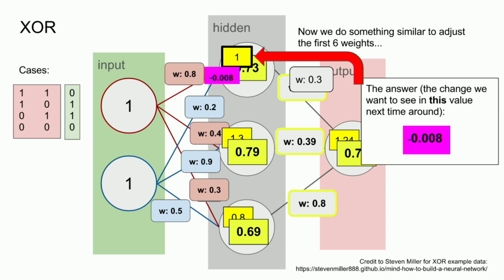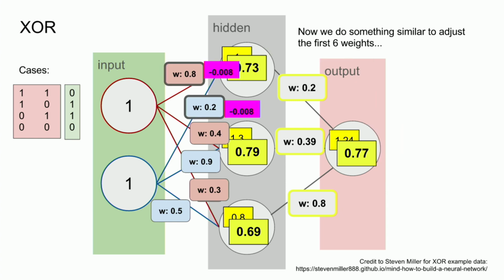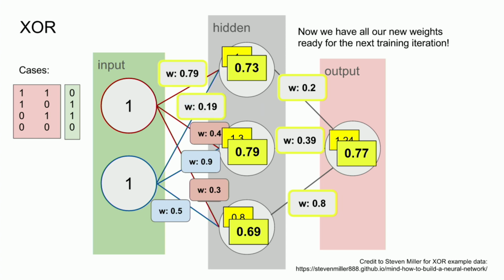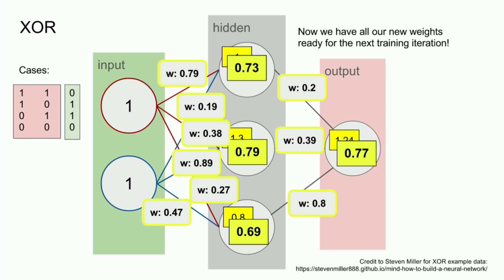And that number is also multiplied by the input. In this case, it's 1, so it's the same. So we take 0.8 minus 0.008 and do the same for the other weighted input. And then we get our new weights, which, again, they're smaller. We're looking for a smaller number. So good. Then we do that for each and every single one.